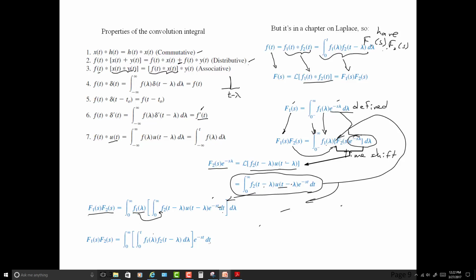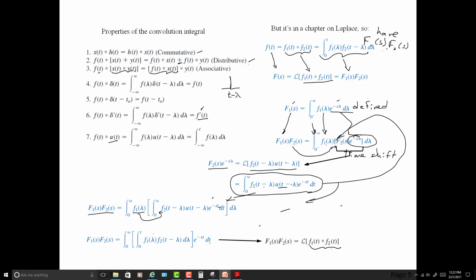I'm just rearranging some things, right? And that just says the product of F1 of s times F2 of s is the Laplace of the convolution. So there's the relationship that we're looking for.